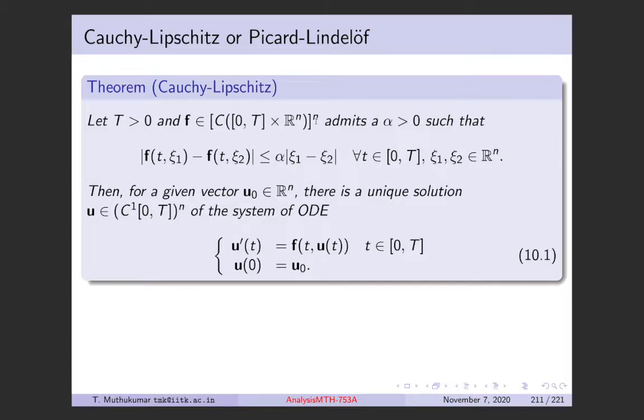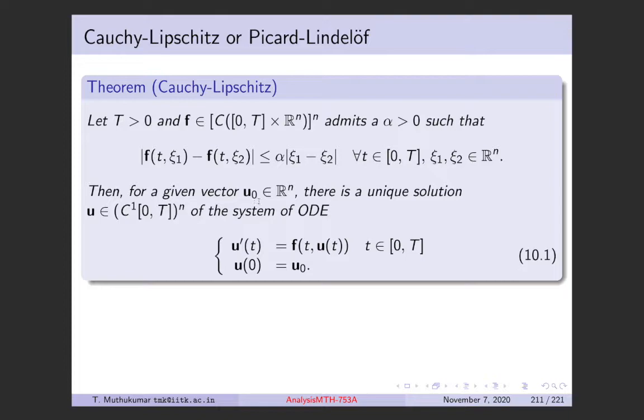And u is also an n vector, so the value of u(t) will be in Rn, and this f satisfies the Lipschitz condition in the second variable. So for all t and all xi1, xi2, you have this result.